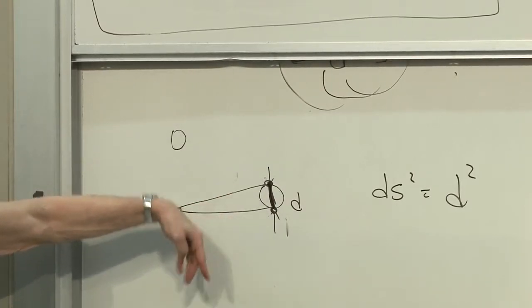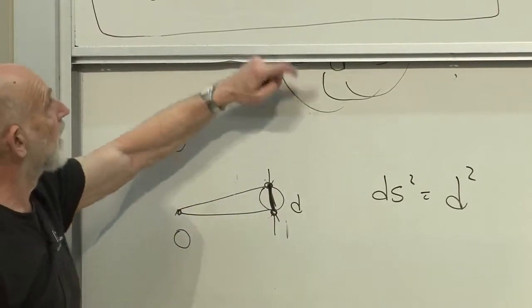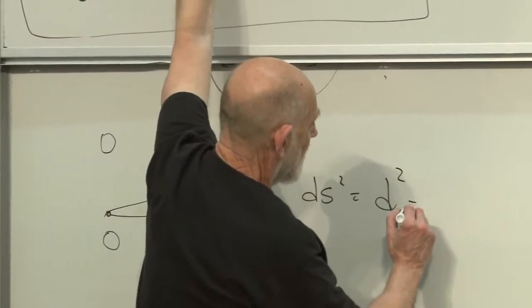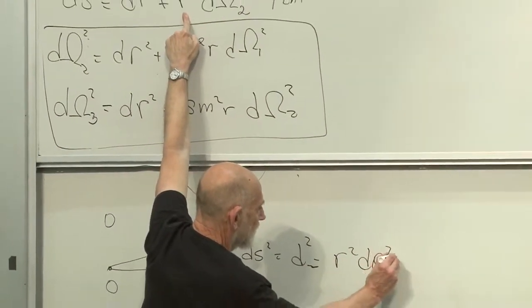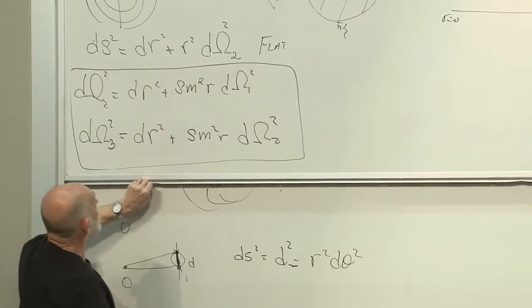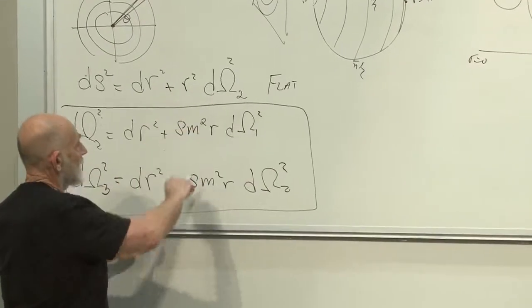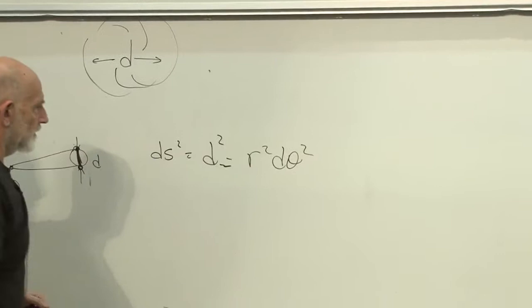This is a little line at a fixed r. So dr is 0, and ds squared is equal to r squared d theta squared. That's for ordinary flat two-dimensional space.